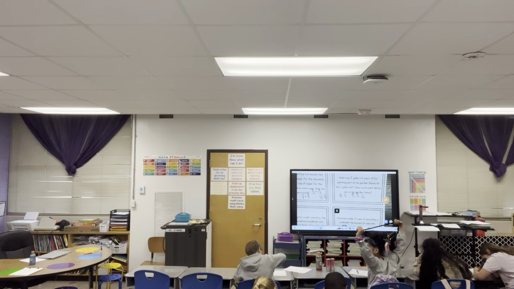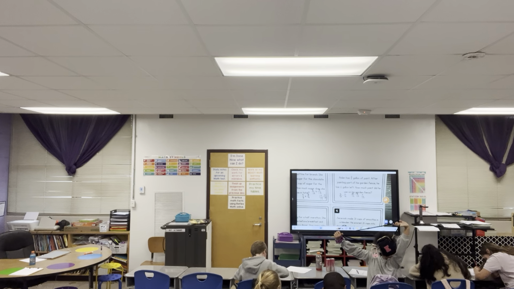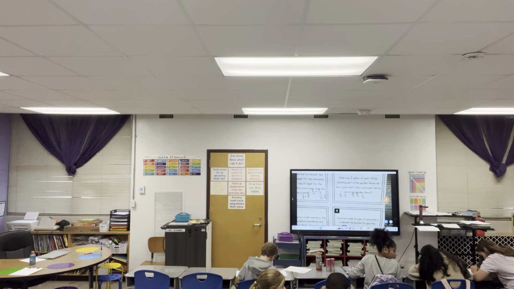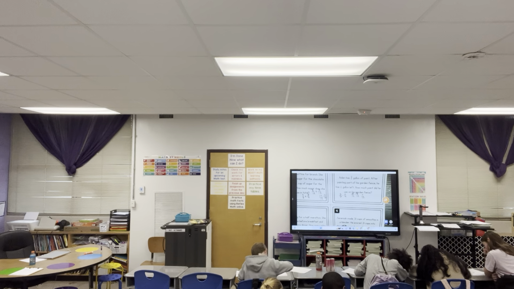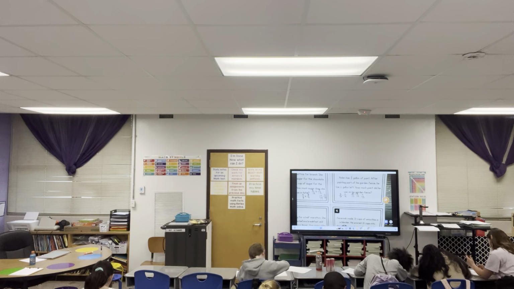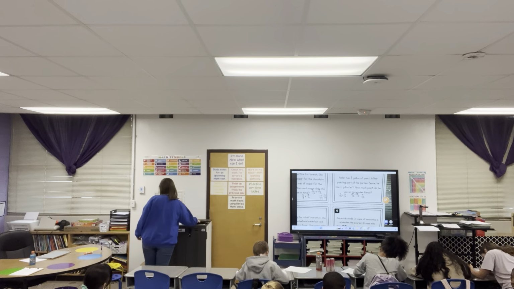So subtract 4 fourths. So you're gonna do 1. What's 1 plus 2 plus 2? So you're gonna have 5. And what's left over? 5 minus 4 equals 1 fourth. Good job.